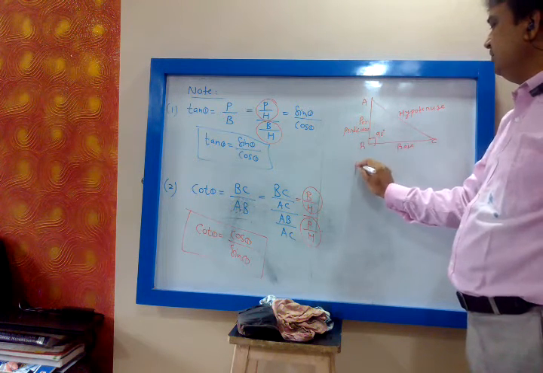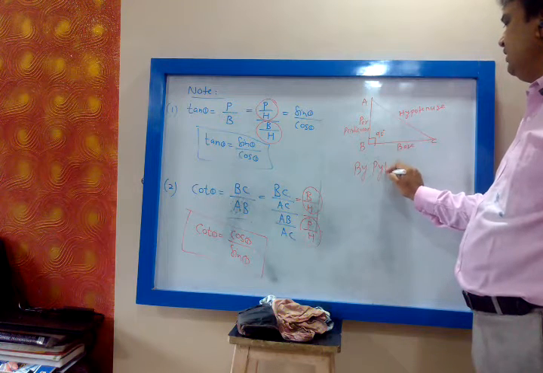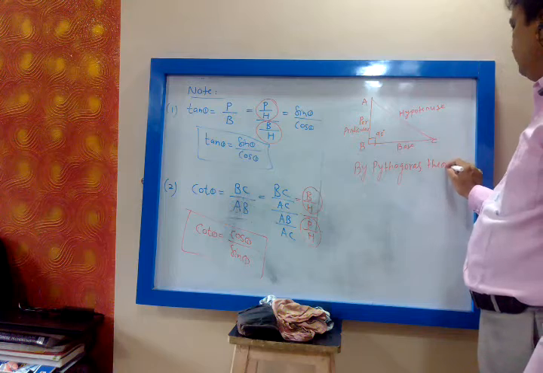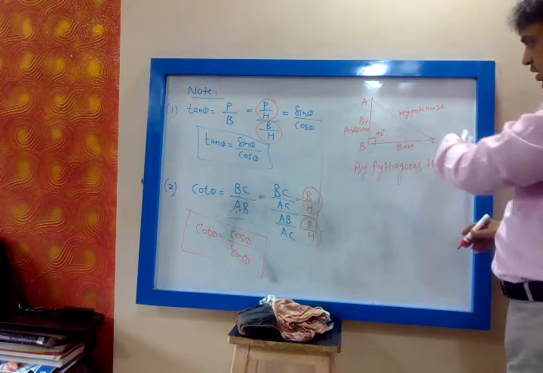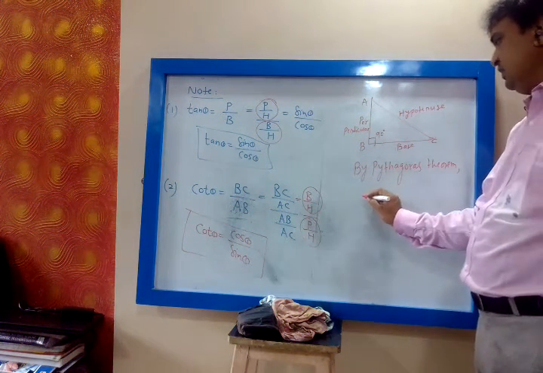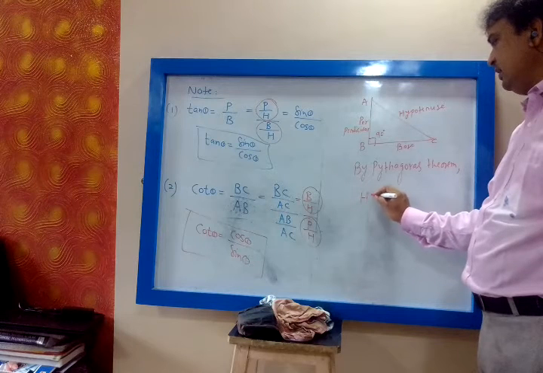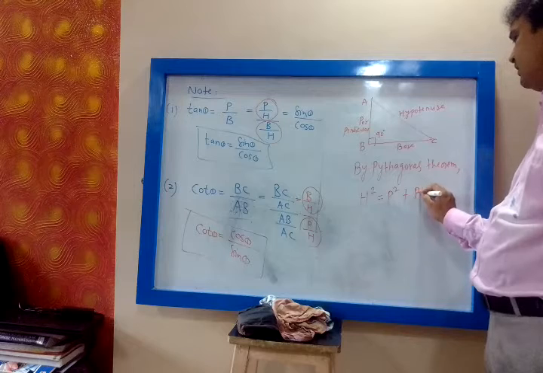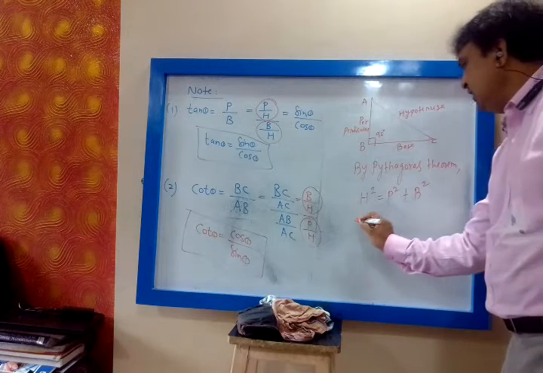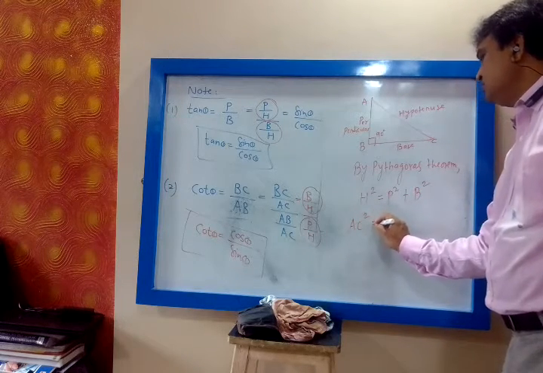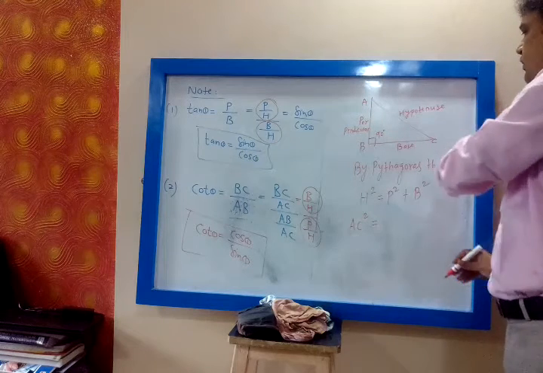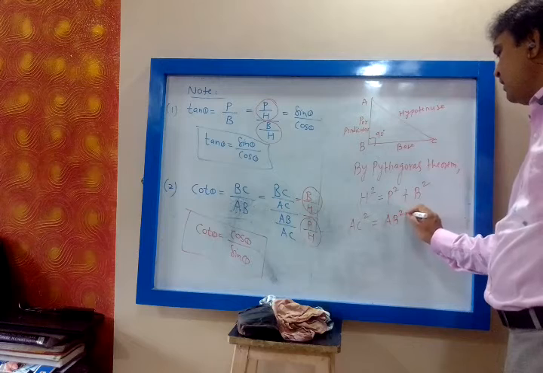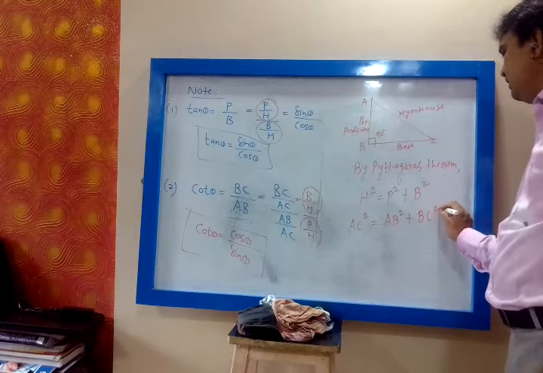By Pythagoras theorem, which you have studied in 7th standard, hypotenuse square is equal to perpendicular square plus base square. So that is AC square equals AB square plus BC square. Okay.